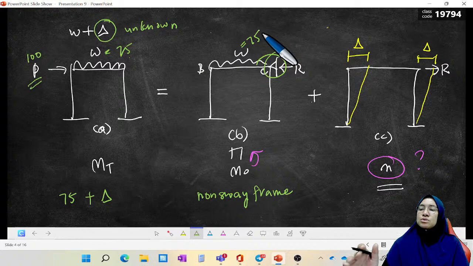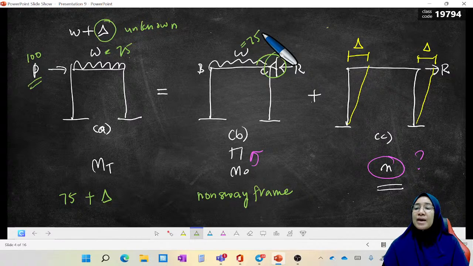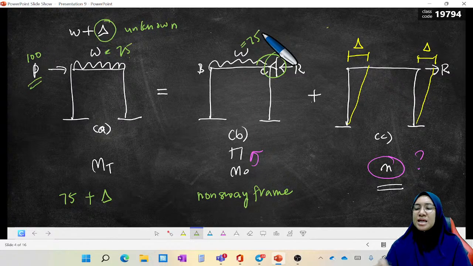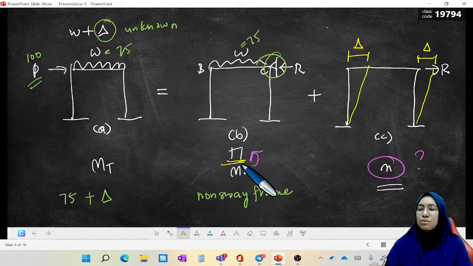From the fixed end moment, we get the member end moment, and after that we use the member end moment in the table to calculate the R value. So this is table number 1.